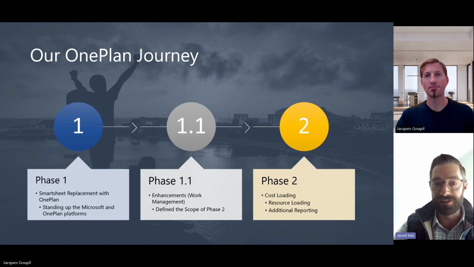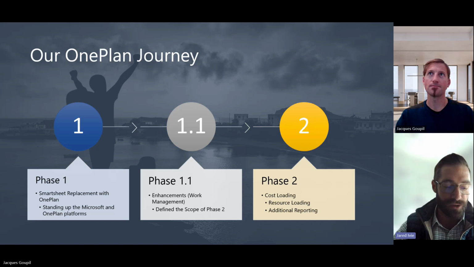And we ultimately came up with a really cool modular approach where we had different plan types in OnePlan that we could connect through our whole program portfolio architecture and stay agile, right? We could build it how we needed it as we worked through our processes.